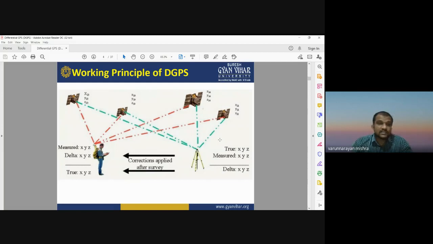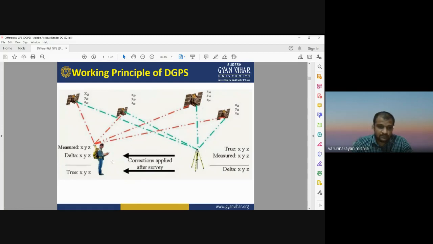You can see the receiver established at the known location, the base station, also receiving signals from different GPS satellites. And this is the rover station: a man is standing with the rover GPS, which is also receiving signals from the different satellites. At least 4 satellites are required to get positioning and timing.